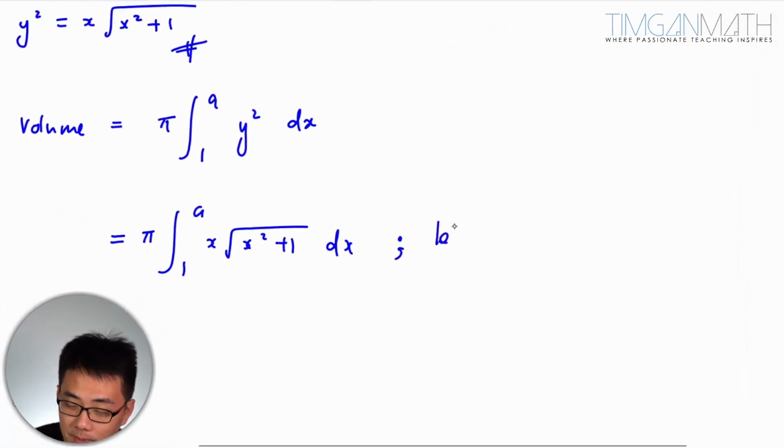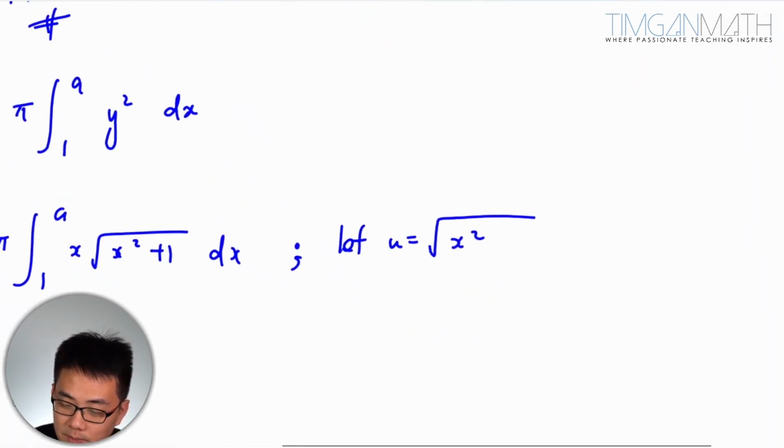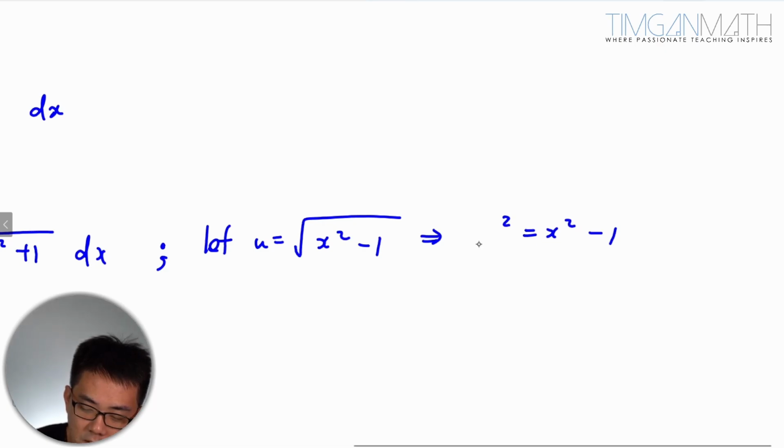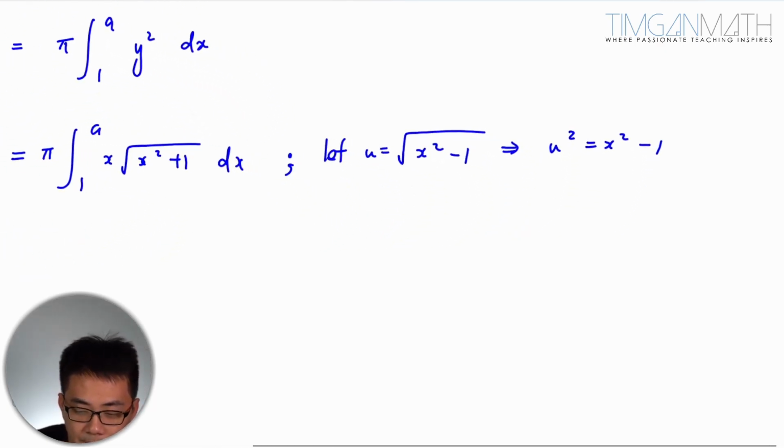Let u be the square root of x squared minus 1. In other words, u squared is equal to x squared minus 1. This is important. If you're using substitution, we need to change dx to du.